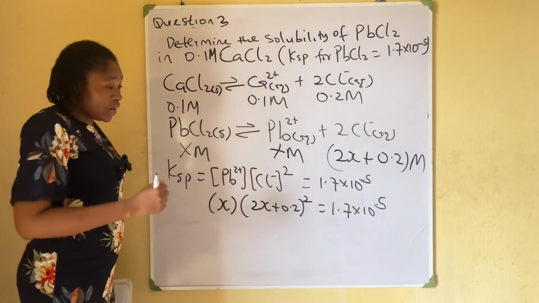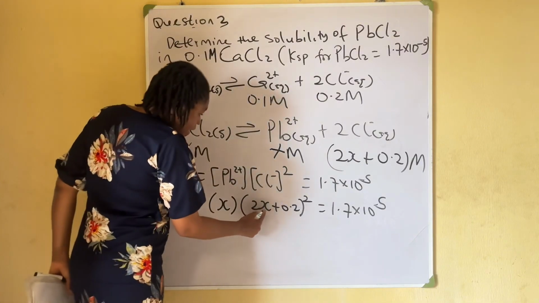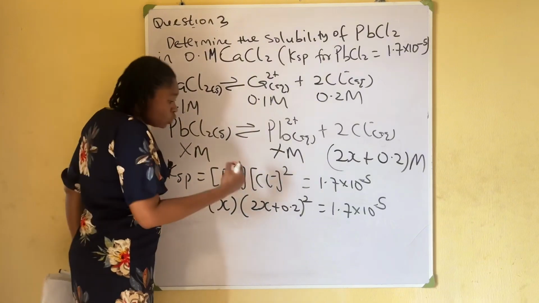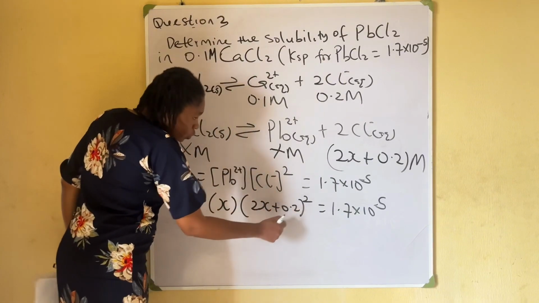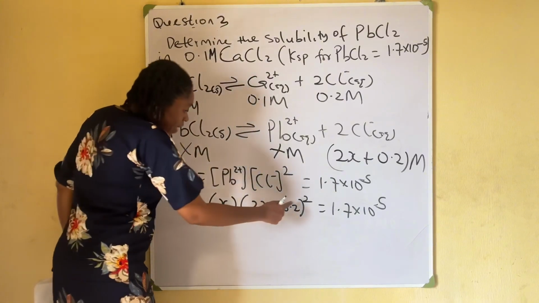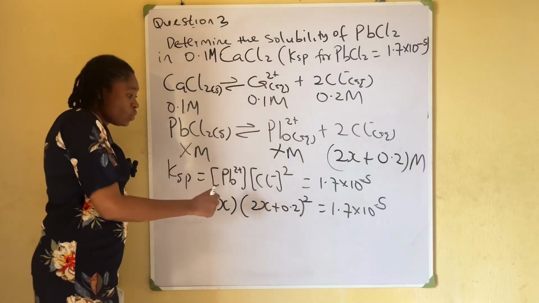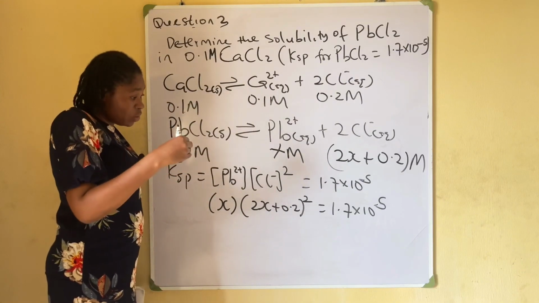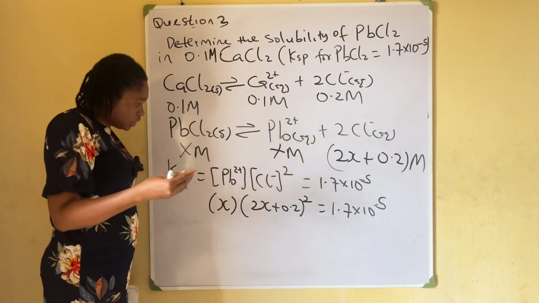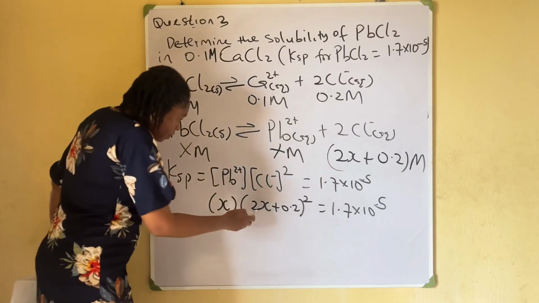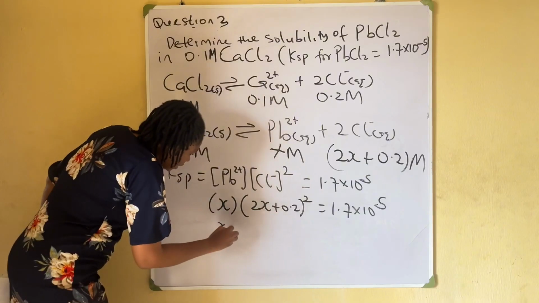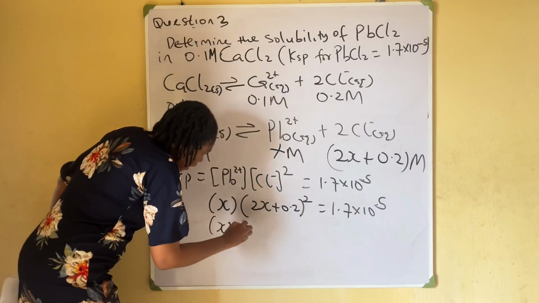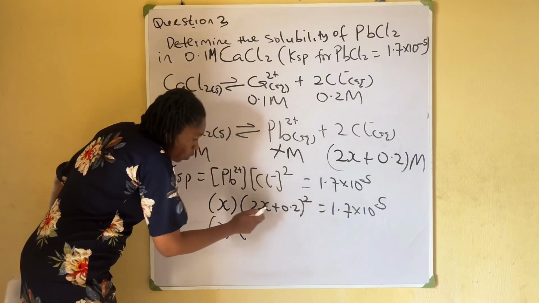Alright, so as usual, we're going to consider this S to be too small to compare to 0.2. So what I have here is 2S plus 0.2 squared equals 0.2 squared. That's what it means. So what I have here will be S times 0.2 squared. I won't consider this.